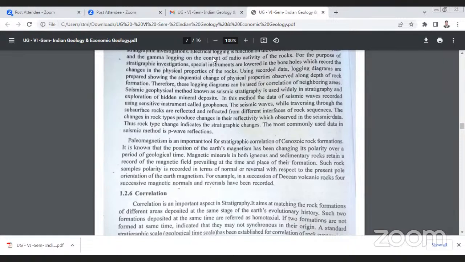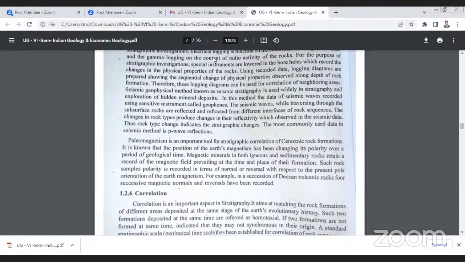Seismic waves travel through the subsurface rocks and are reflected and refracted from the different interfaces of the rock formations, giving information on how changes occur in a rock and producing changes in reflectivity, which can be observed in the seismic data.